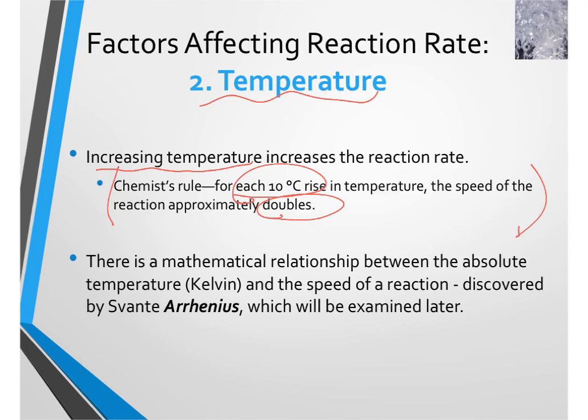Remember, anything that increases the rate of collisions will increase the rate of reaction. Increasing temperature increases kinetic energy, and more movement means more collisions. We have a formula for that at the end of the chapter.